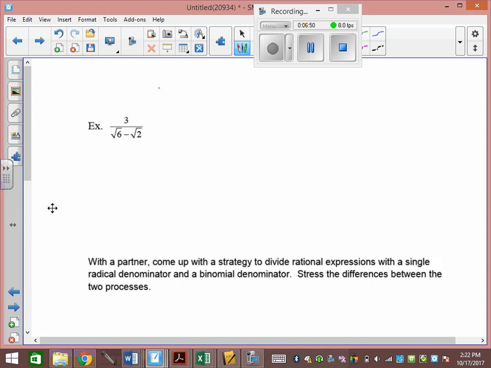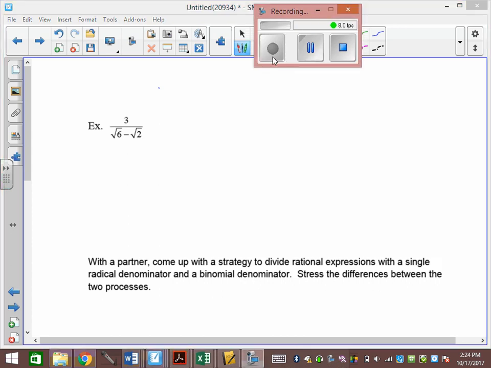You multiply by the conjugate. What is the conjugate to root 6 minus root 2? Root 6 plus root 2.